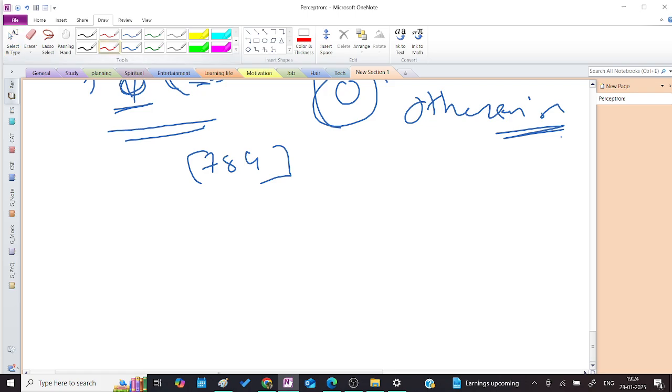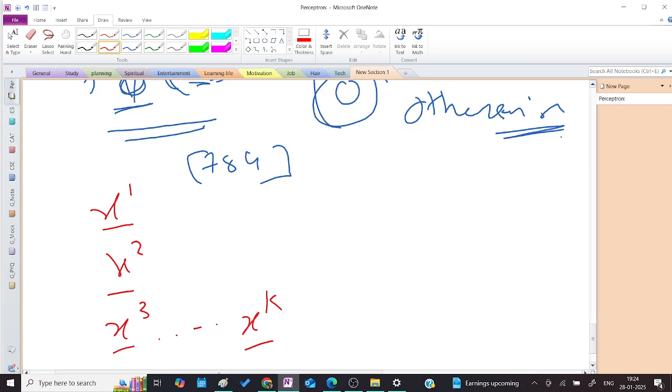Now suppose there are many inputs, right? Vector x1, vector x2, vector x3, up to vector xk.